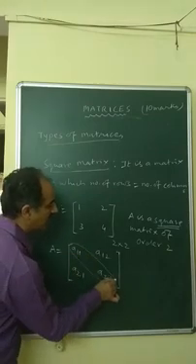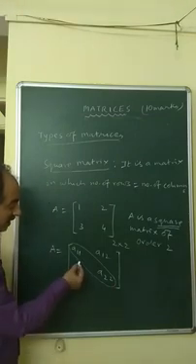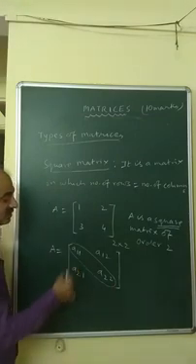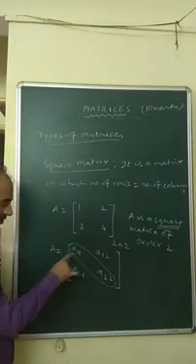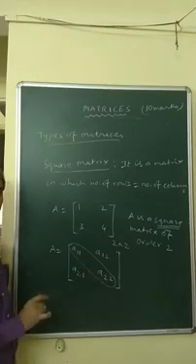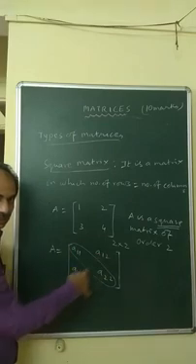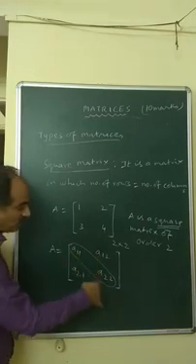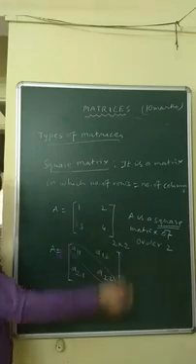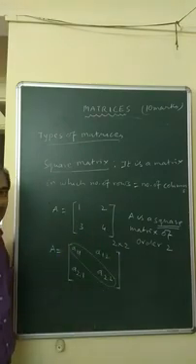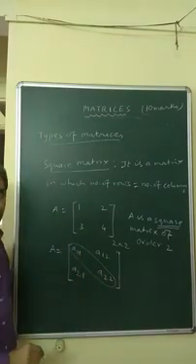The diagonal of a square matrix is the diagonal which contains elements of the form Aii, A11, A22. This is the diagonal of this square matrix. This other one is not the diagonal, but it is also a diagonal. This is called the principal diagonal. Whenever we say diagonal of a square matrix, we mean this principal diagonal.